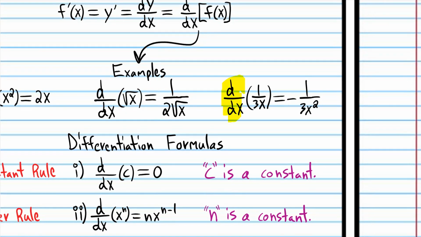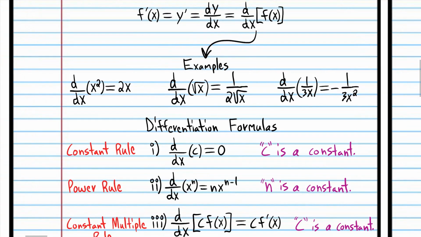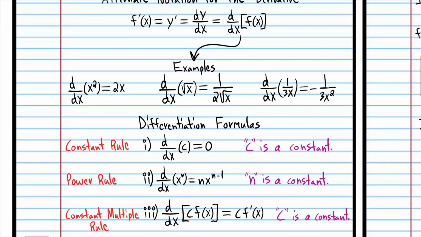The derivative of 1 over 3x is equal to negative 1 over 3x squared. That's how you read that notation. So this notation just means we're finding the derivative of the orange expression, and the result is this purple expression.